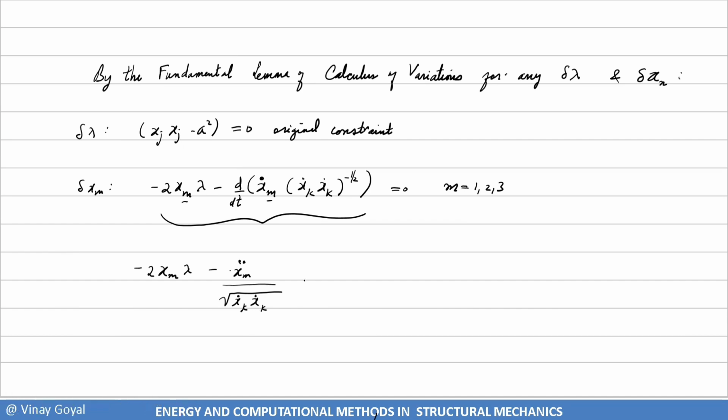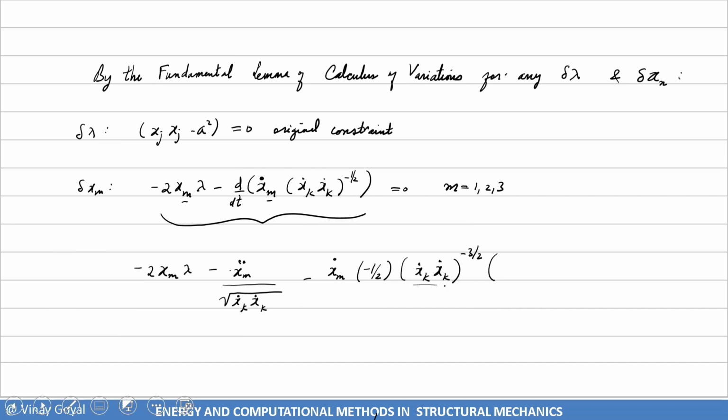So I have minus x dot m, and then the time derivative of what's there, which is minus 1/2 times xk dot to the minus 3/2 times the derivative of what's inside.